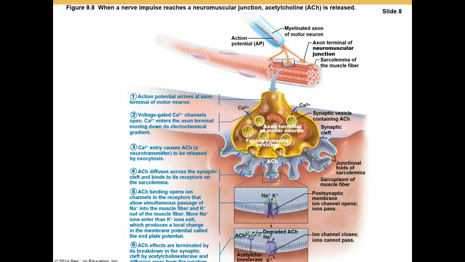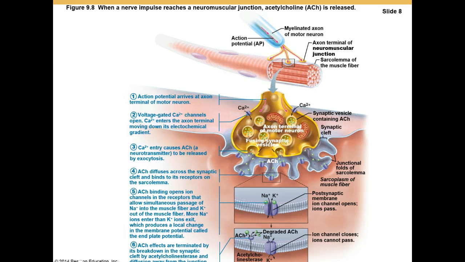So here we just see all of this from beginning to end. We get our action potential from our somatic motor neuron. Calcium rushes into the axon terminal. We have exocytosis of acetylcholine from the synaptic vesicles.